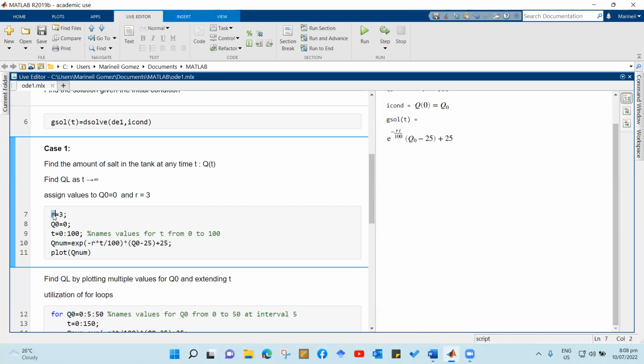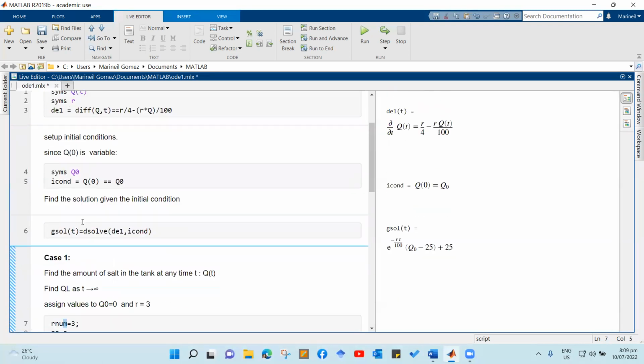So in here, because our first r is a symbolic function, let me change this value now into a different r, so that this will be different from the symbolic value of r.